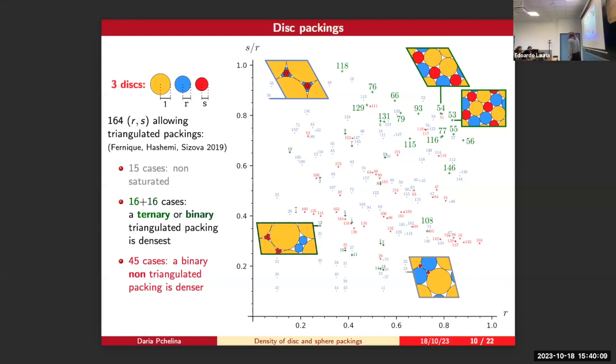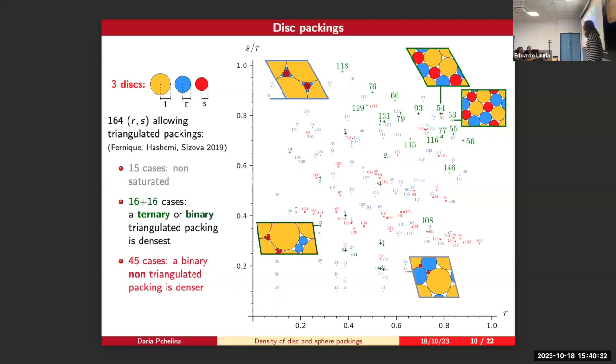And among the remaining cases, for 32 green ones of them, we proved that a triangulated packing is optimal. Like this one is optimal, this one is optimal also. And actually, we believed the conjecture to be true, and we were stuck with these 32 cases, and we didn't know what to do.